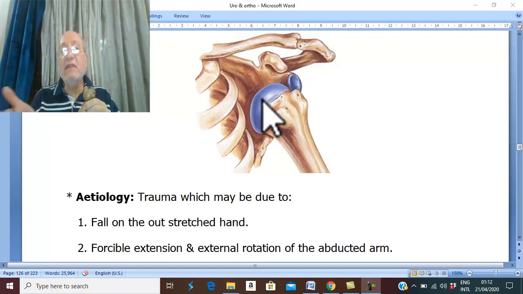In our case, in the shoulder joint, there is a weak surrounding capsule, weak surrounding muscles, and weak surrounding ligaments.